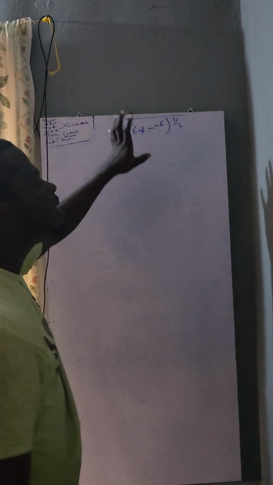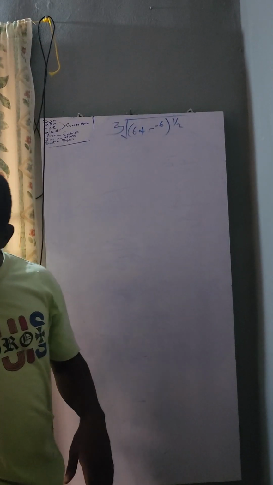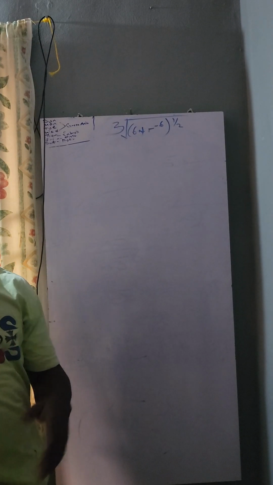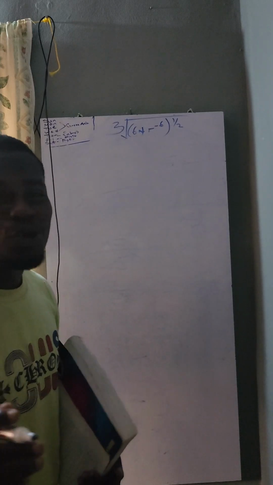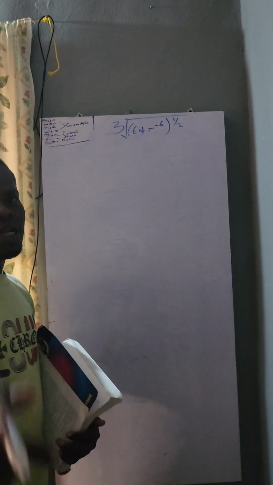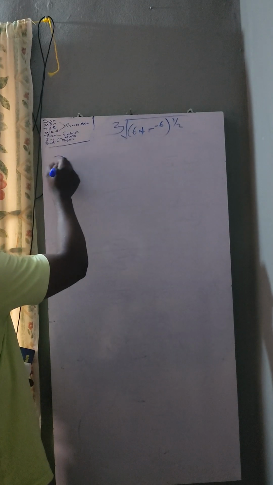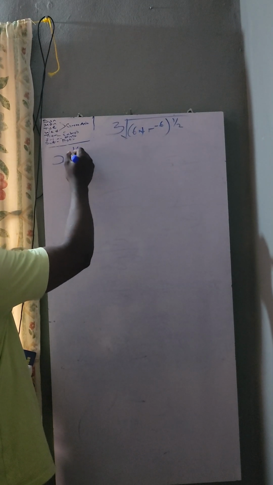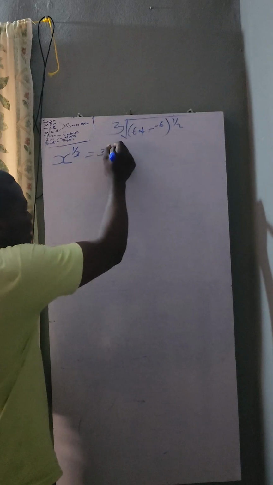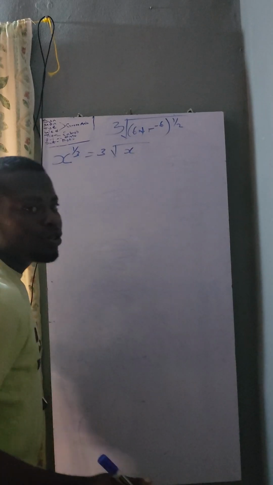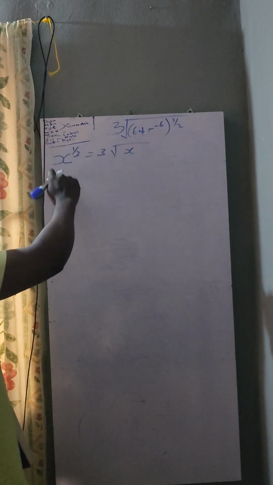Whenever you have something that deals with fractional indices like this, the first thing you have to do is what? Eliminate the roots. Now, the rule: x raised to power 1 over 3 equals the cube root of x. So definitely I can reverse this to this.